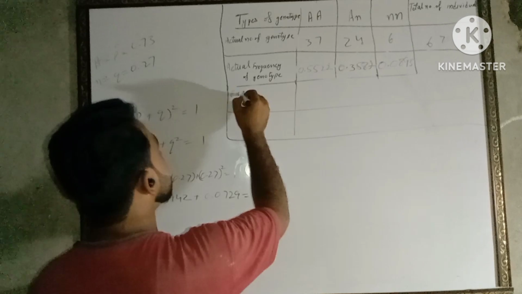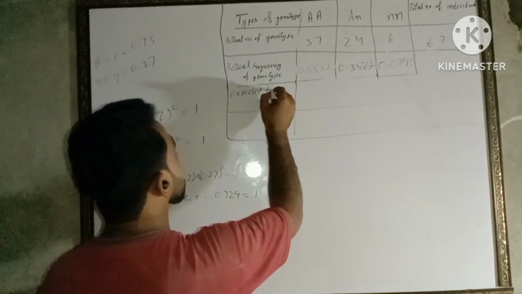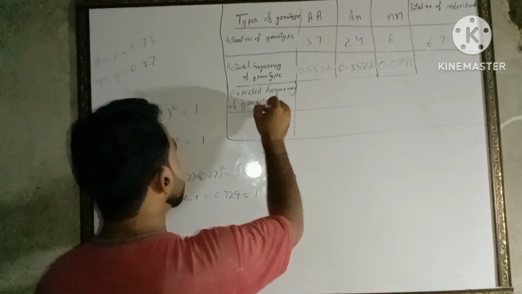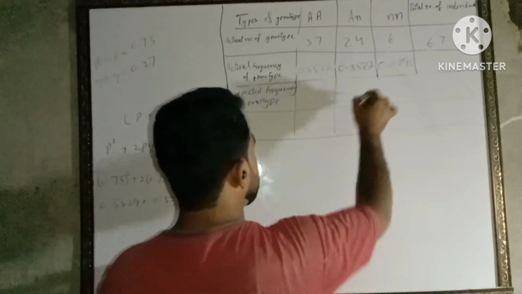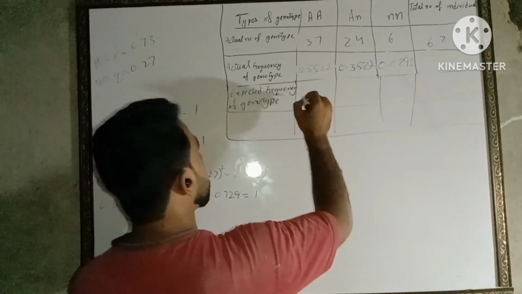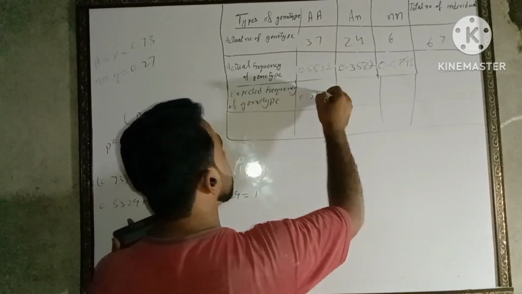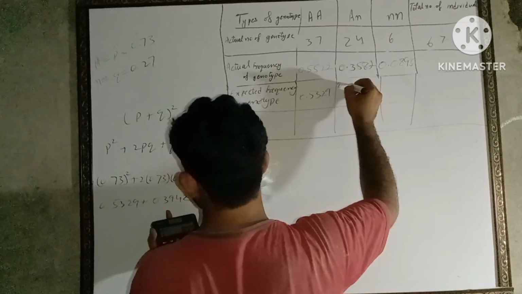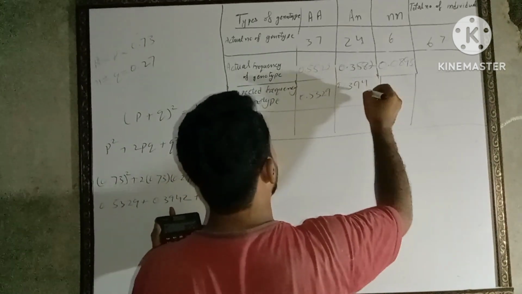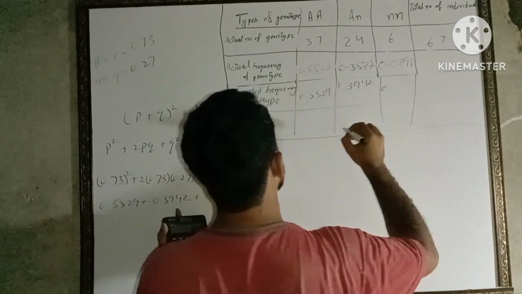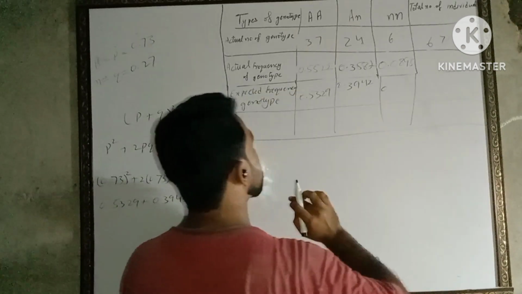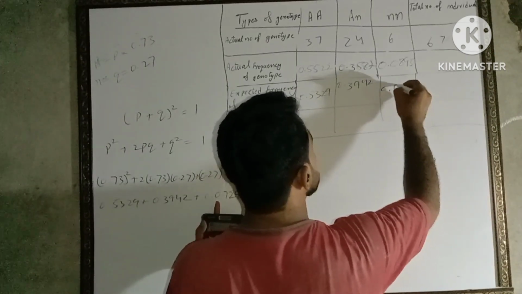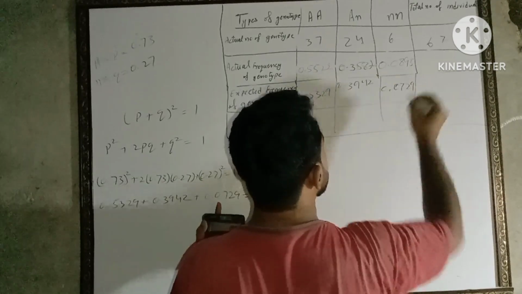Expected frequency of genotype. The expected frequency of the first genotype is 0.5329, and the expected frequency of the second genotype is 0.7342, and the expected frequency of the third genotype is 0.0729.